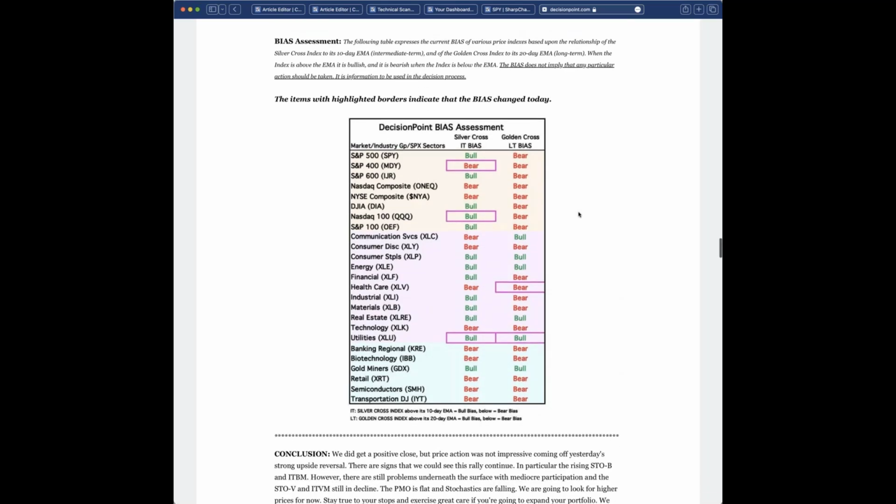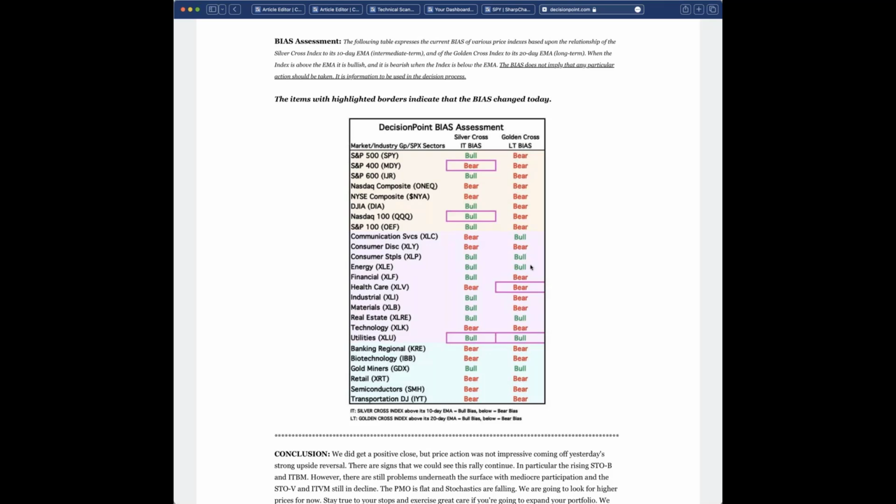This is the bias assessment table. This tells you what the bias is on the other indexes and sectors. Basically, we're comparing the Silver Cross Index to its signal line. If it's above the signal line, you have a bullish bias. If it's below, you have a bearish bias. And then we have the Golden Cross long-term bias. And that is the Golden Cross Index being, in this case, below its moving average or signal line.